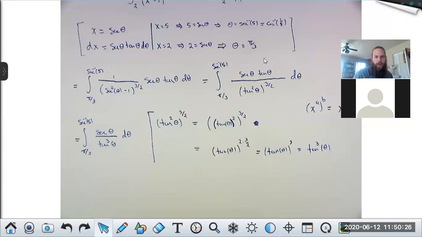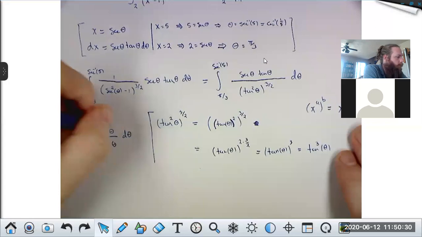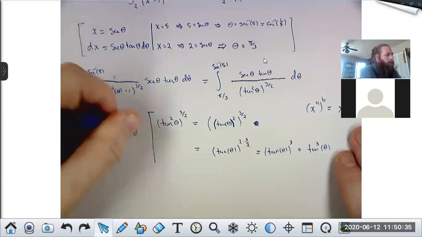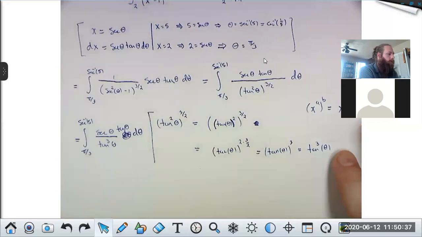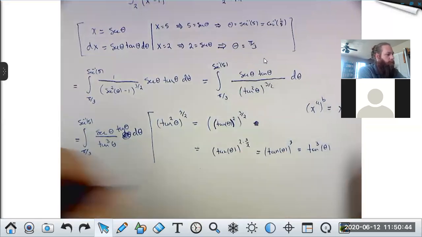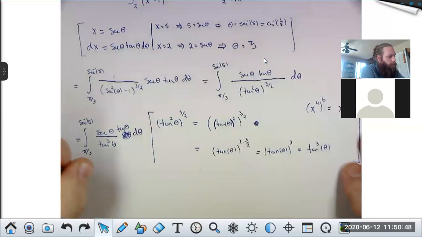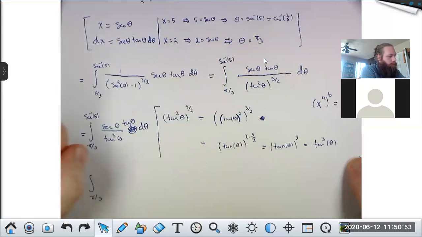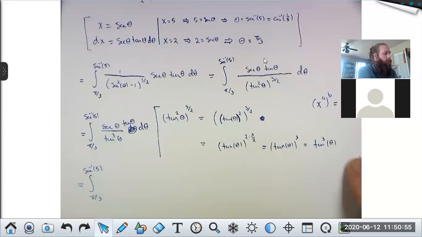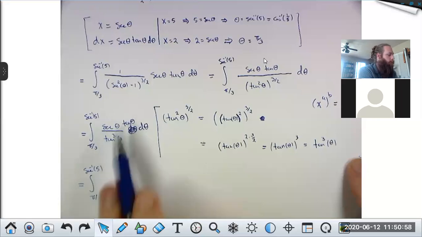Was there a tangent in the numerator that I lost? Oh, you're right. Sorry. Secant theta, tan theta, d theta. Thank you. Yeah, so the top is secant tangent, and the denominator is tangent cubed. Caught that just in time. I was just about to mess up. So I get the integral from pi over 3 to the inverse secant of 5, secant theta tangent theta over tan cubed theta.